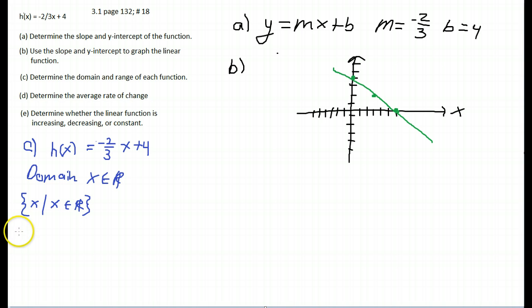We could write out the words all real numbers. We could also use interval notation. This function, since it's all real numbers, goes from negative infinity to positive infinity. There's our domain.